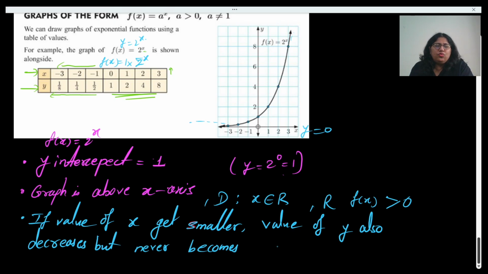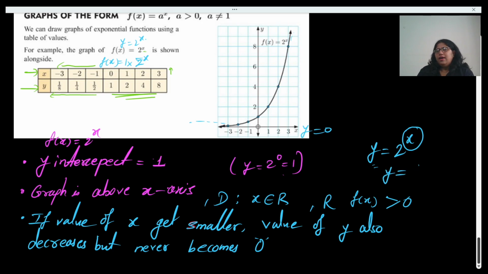Why is this true? If you put the logic, it never becomes 0, because if I'm having y equal to 2 to the power x, there is no such value of x which can give you y equal to 0. Y can never be equal to 0. It can be always positive. It can come near to 0, but it never becomes 0.